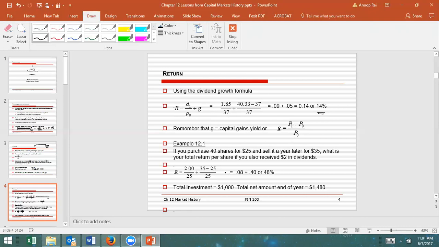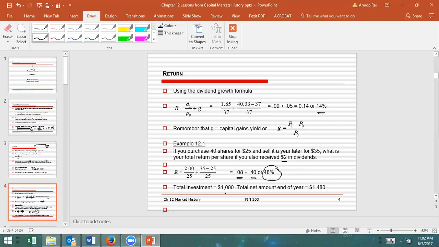So let's do another simple example, just to be clear. If you purchase 40 shares for $25 and later sell it at 35, what is your total return per share if you receive $2 in dividends? Well, 2 over 25, which is 8%, is your dividend yield. 35 minus 25 is $10 over 25, which is 40%, so you made a whopping 48%.